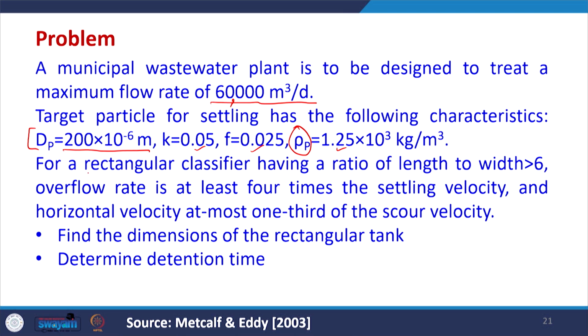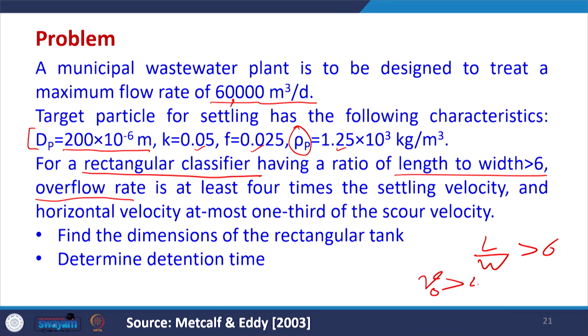Now, we have to design a rectangular classifier having a ratio of length to width of greater than 6. So, the area available is such that we can use a length to width ratio of greater than 6. For the overflow rate, it is suggested that it is at least 4 times the settling velocity. That means V0 is at least greater than 4 times the terminal velocity, and the horizontal velocity is at most 1/3 of the scour velocity.